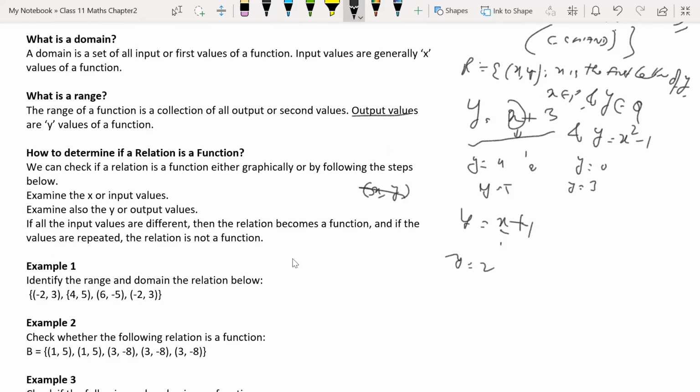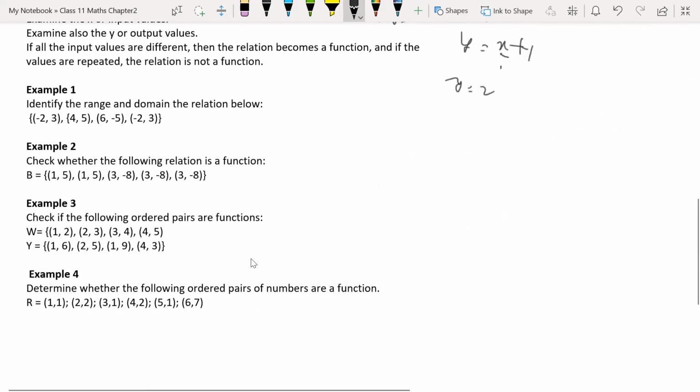If all the input values are different, then the relation becomes a function. If the values are repeated, the relation is not a function. For 1, y is equal to 2. For another 1, y becomes 2 again. It is not a function for repeated values. Inputs must be different.